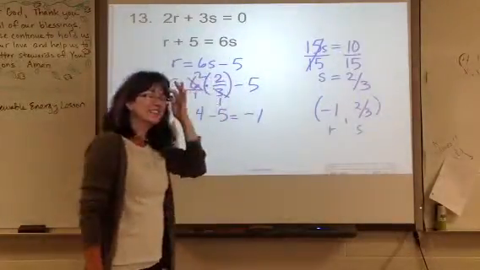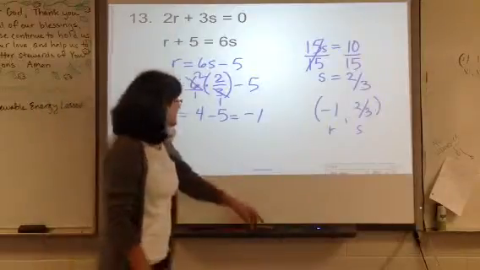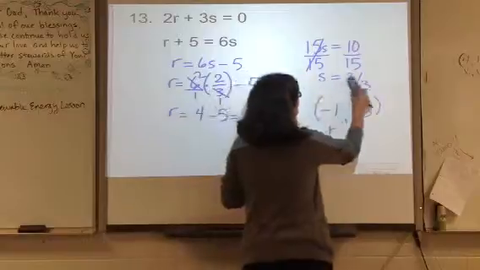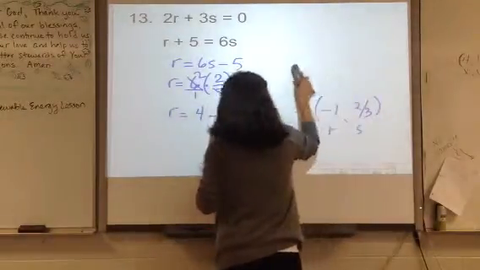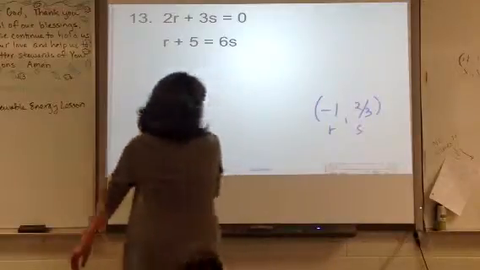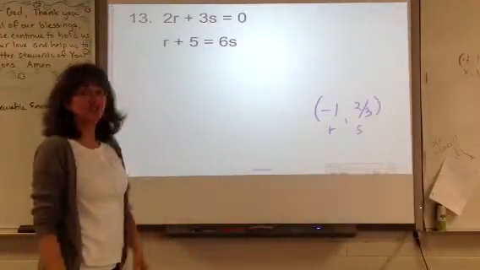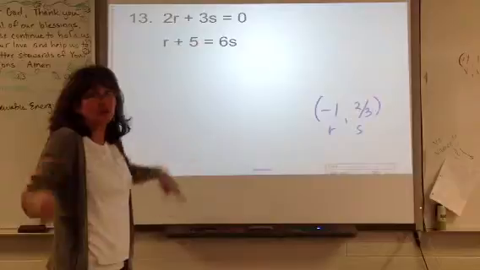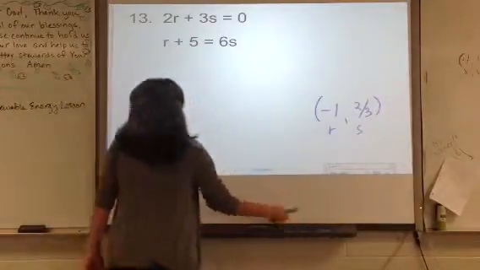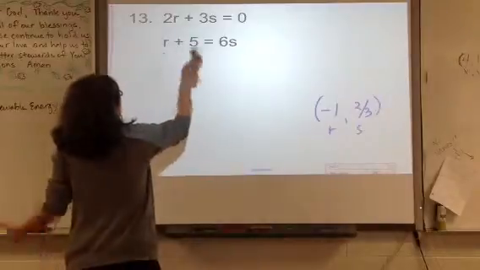Now, those fractions, I thought Mrs. Days told me not to mess with fractions. Well, I don't want you to deal with fractions when you're graphing, unless they give you fractions. But let's just see if it worked. If it fits back in the equation, then it's cool and I did it right. So I can choose any one.